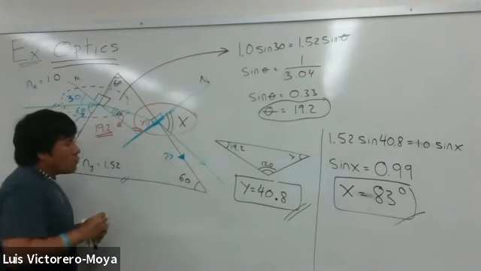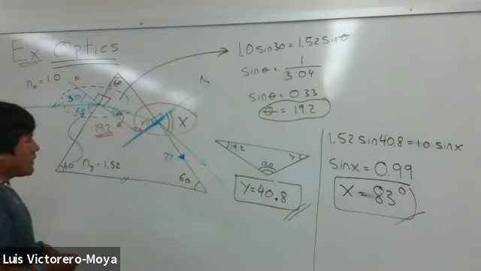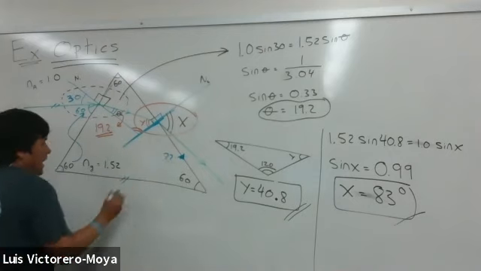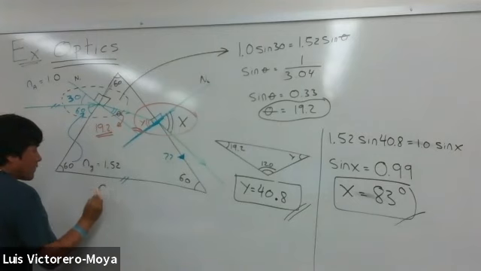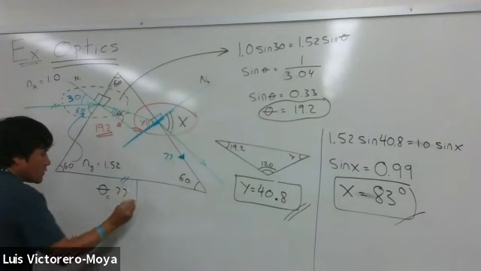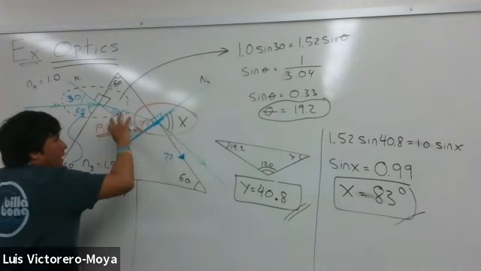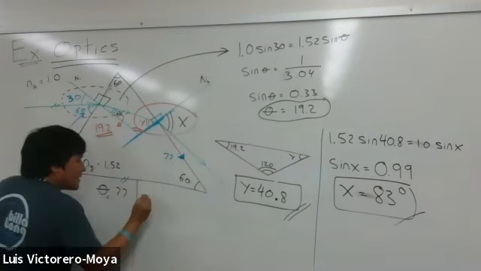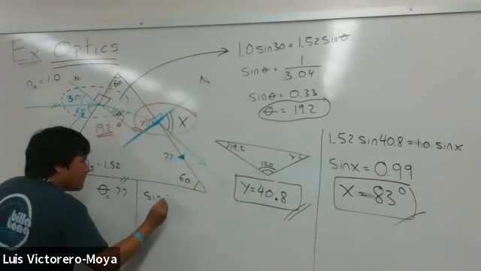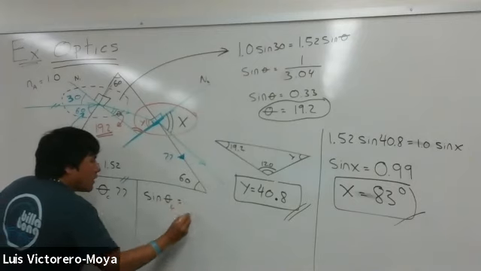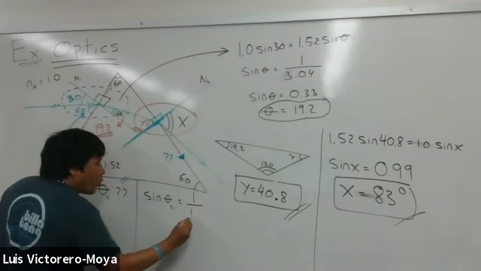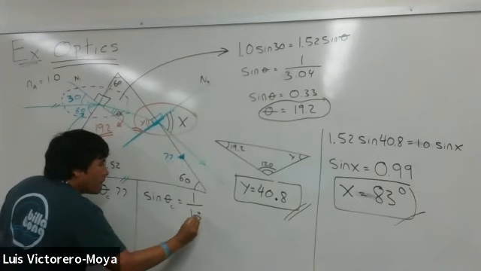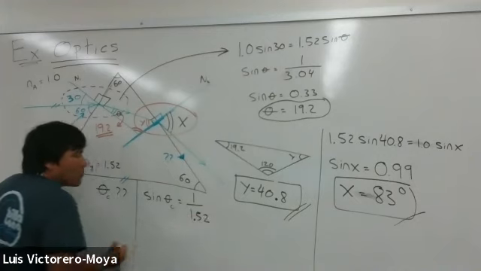And that's one of the questions that you have to answer in the lab that is due tomorrow, right? The critical angle for glass. How will you find the critical angle here? So you are going from glass to air. So the sine of theta critical will be 1 over 1.52.